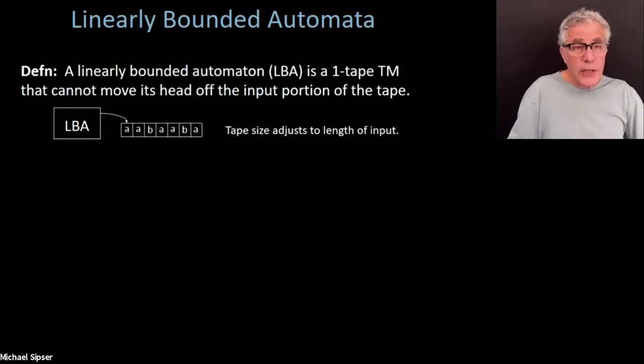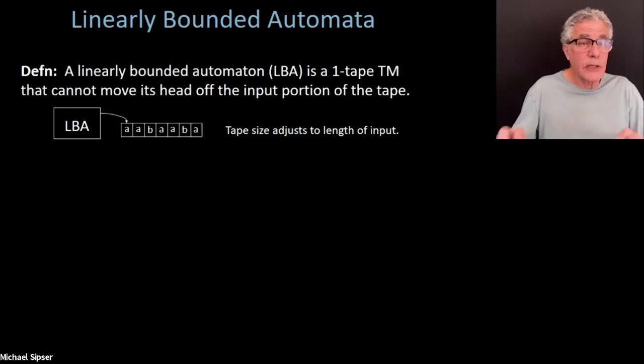All right, so let me define a new automaton that we're going to mainly use to provide an example for us today. I'm going to call this a linearly bounded automaton. All it is is a Turing machine where the machine is going to be restricted in where it can go: the tape is not going to be infinite anymore.